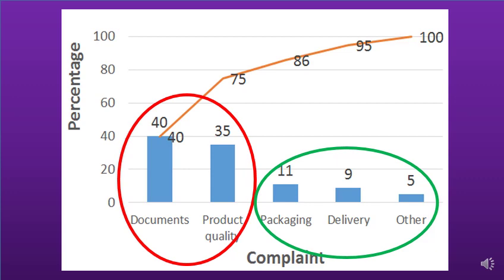Perhaps look at the people working in these two different categories and see if they need training, or perhaps something like product quality made by machines, and then you have to go check to see if the machines are functioning correctly. Perhaps they just need to be updated. Okay, so focusing on just these two would reduce the number of complaints.